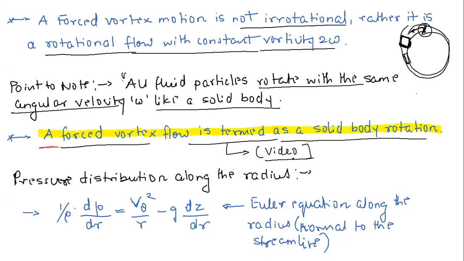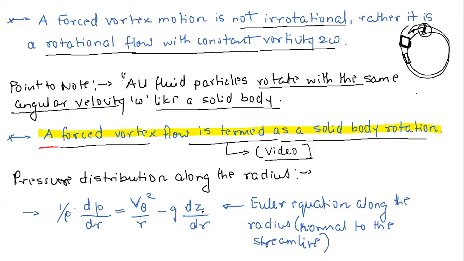Now let's move to pressure distribution along the radius. In this case, what will be the situation? What will be the pressure distribution along the radius? Again, for this case, if you remember from the last session, we use the Euler equation of motion.